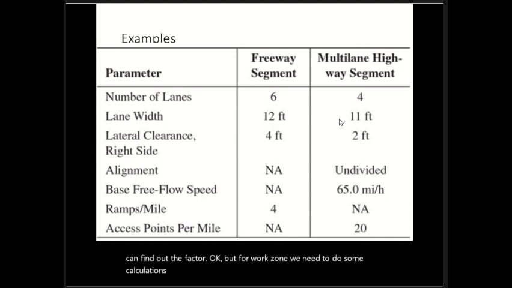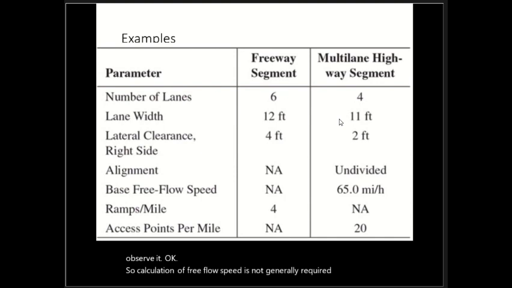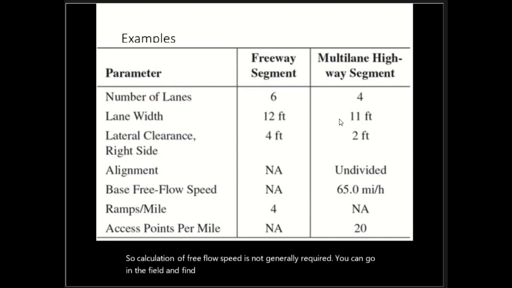So we looked at the calculations, we did one example, and then we moved on to the calculation of free flow speed. Calculation of free flow speed is done when you cannot observe it. It is not generally required. You can go in the field and find out that speed, because of the spot speed study.